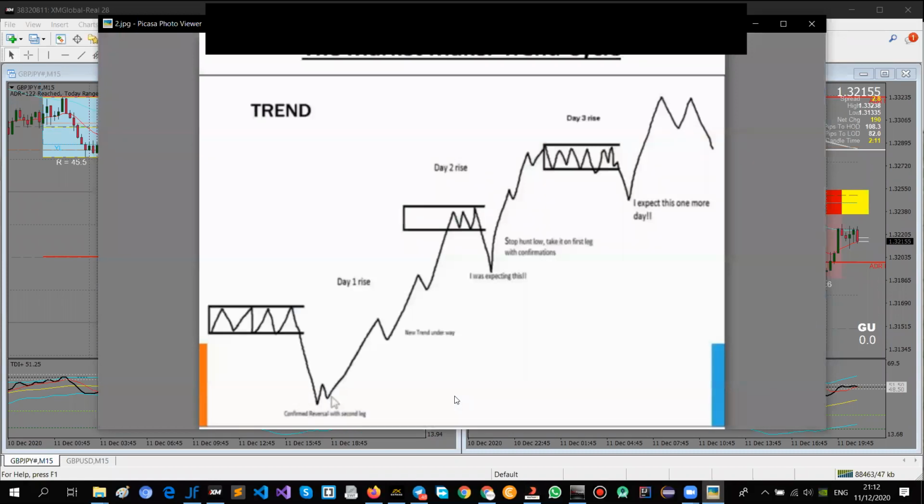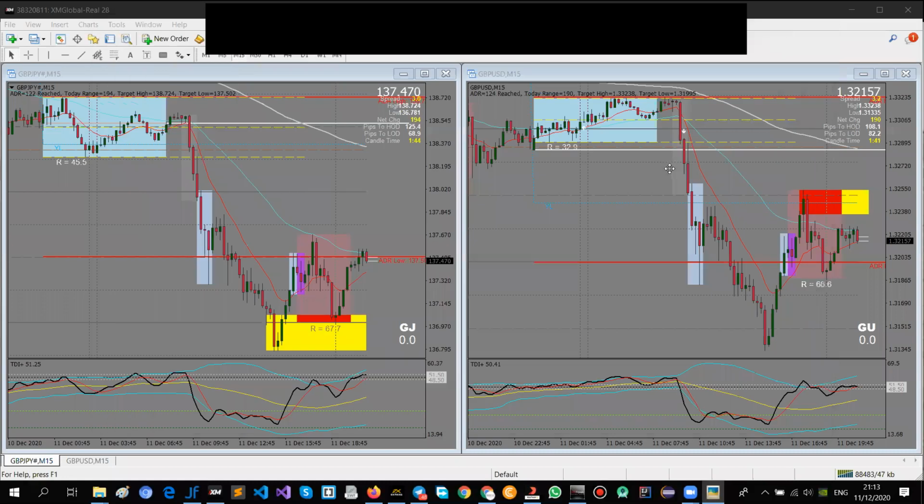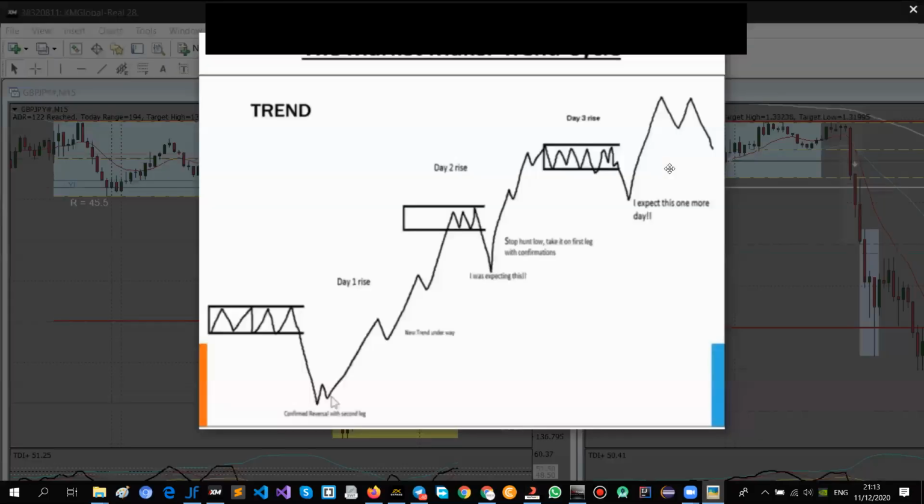So, the first one being 2.5 to 5 days of rise or drop. Levels are strictly done on the H1 time frame, guys. Why? This is because it is on the H1 time frame that we are able to tell the directional bias, and levels are mainly to show us directional bias, not trade setups or trade entry.